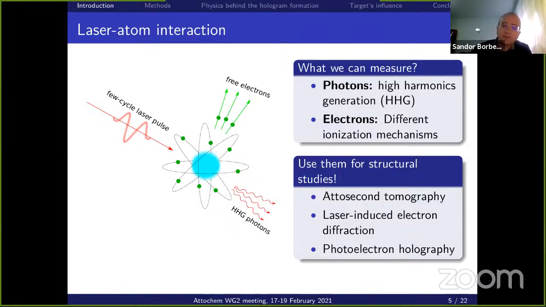One of these methods is the well-known attosecond tomography, which uses the high harmonic generation spectrum. Another technique is the laser-induced electron diffraction, which uses the spectrum of the continuum electrons. And a recent method is the so-called photoelectron holography, which also uses the continuum electrons.